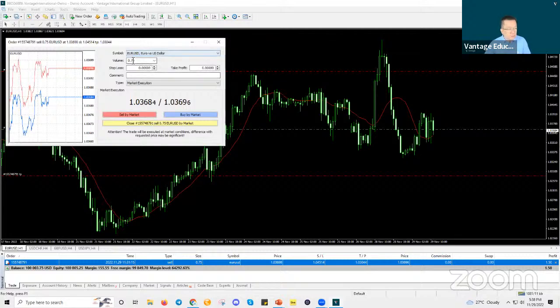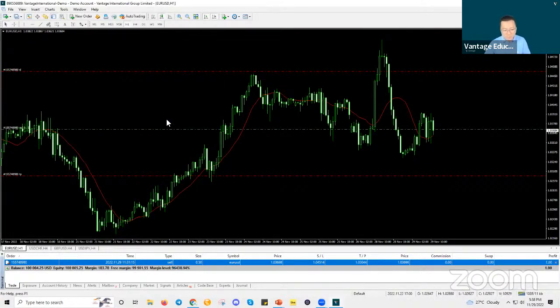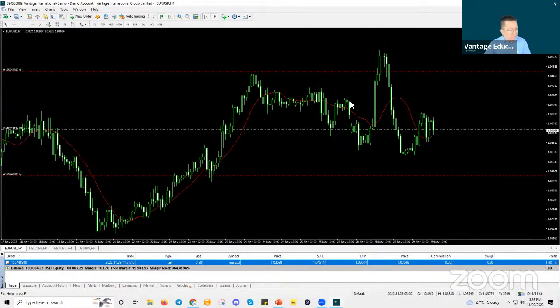So you can always go for another 0.25 and then close out another part of it again. In this case now we have a 0.5, or 5 mini lot, left running because we've closed out two 0.25 trades.